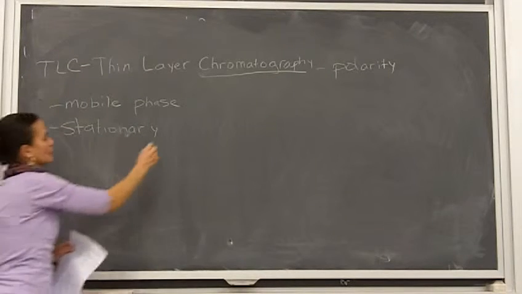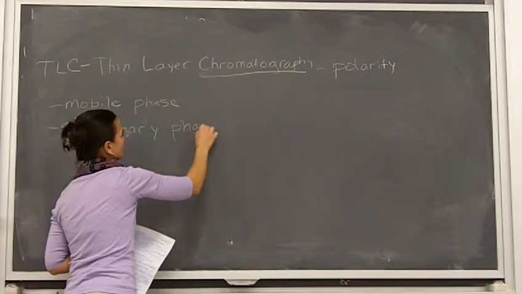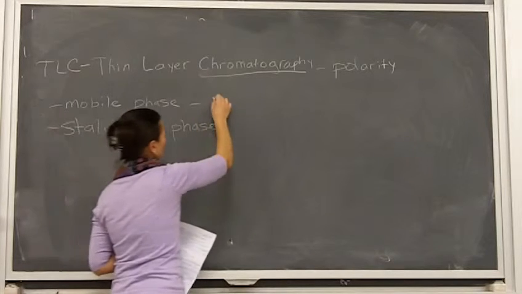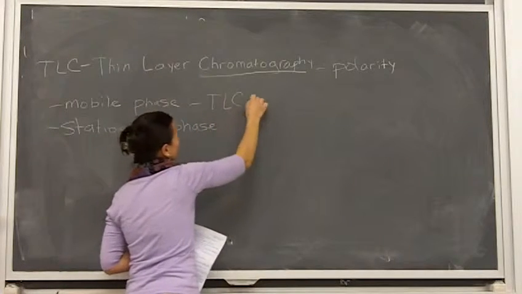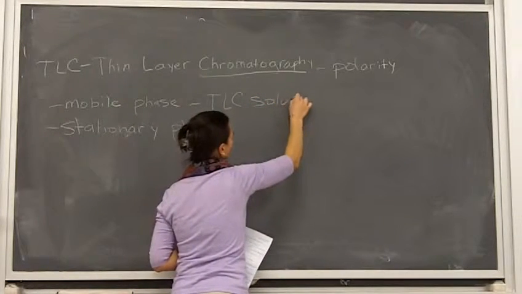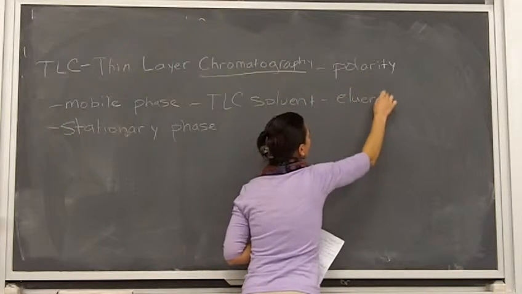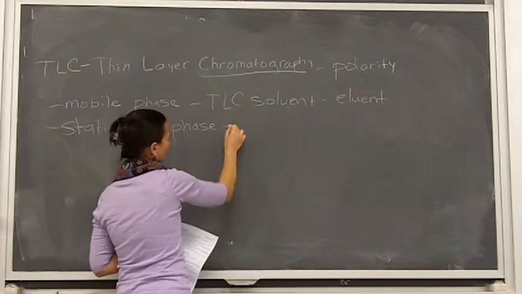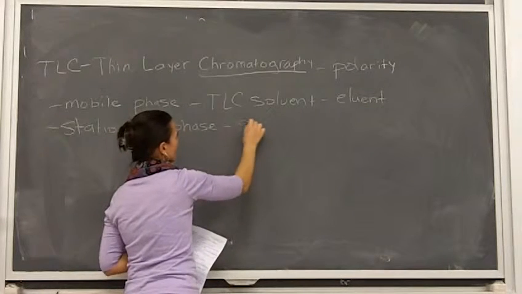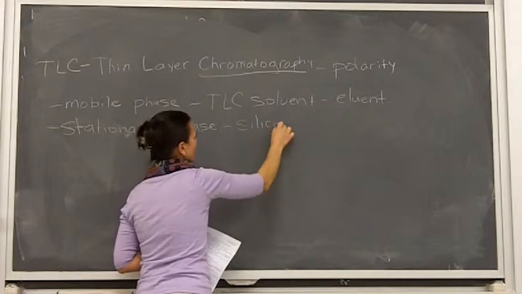Okay? So our mobile phase is our TLC solvent, which is also called the eluent. Our stationary phase is the silica.